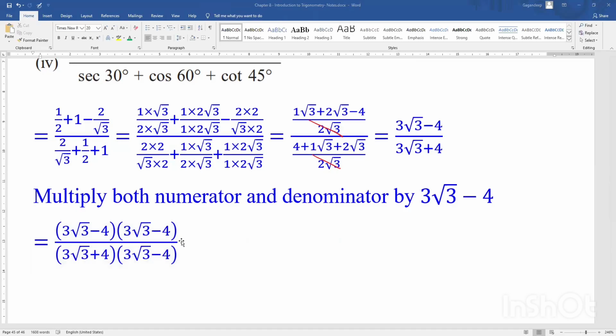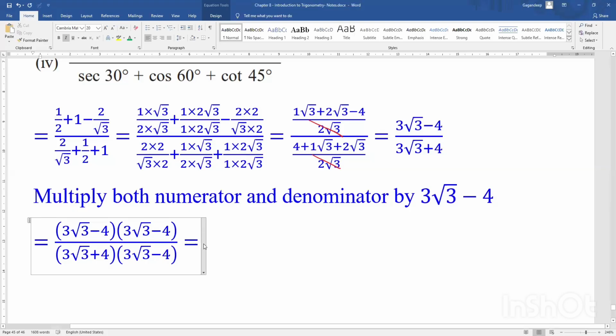Now you can write it as a minus b whole square, or you can also use the distributive property. You can do it in both ways. I'll show you by a minus b whole square, and how to do this.